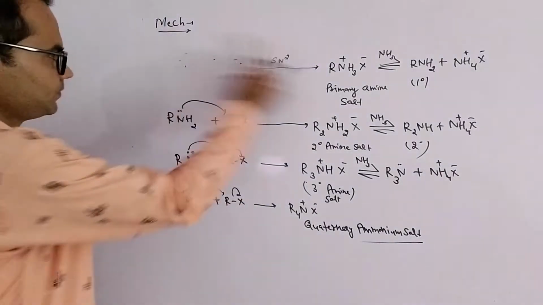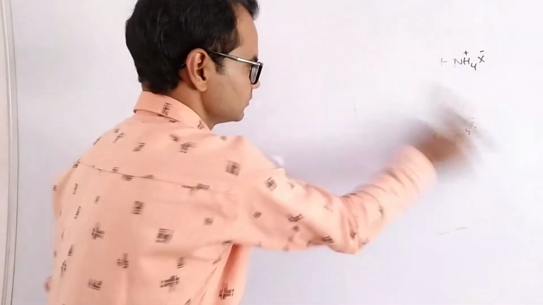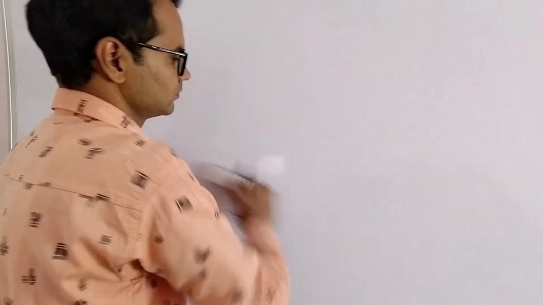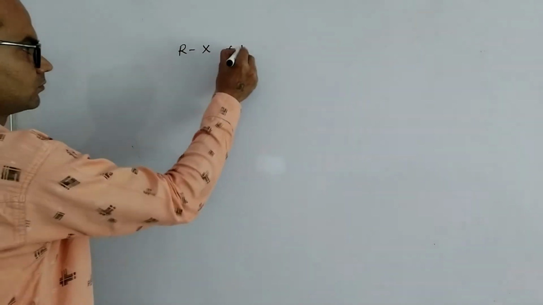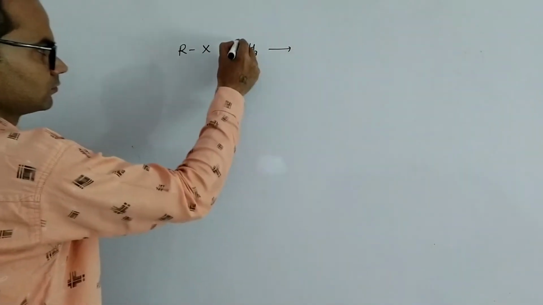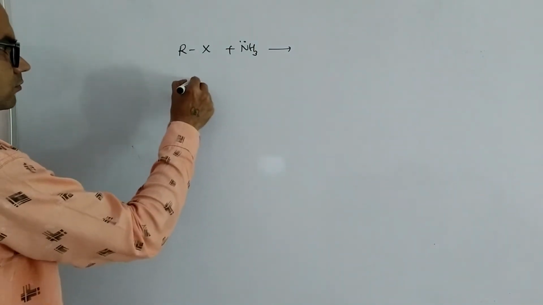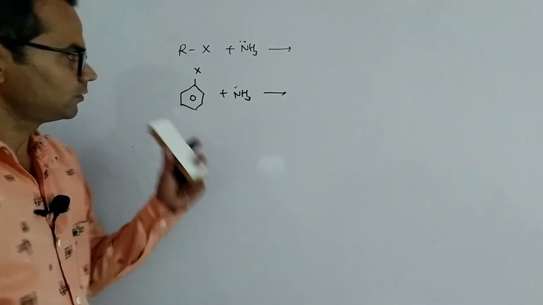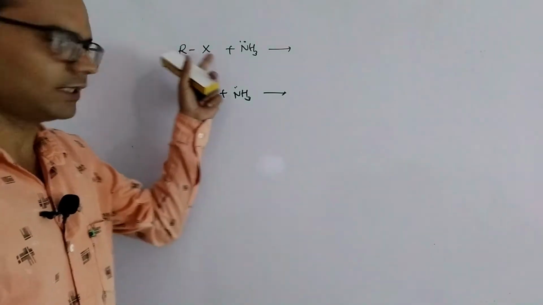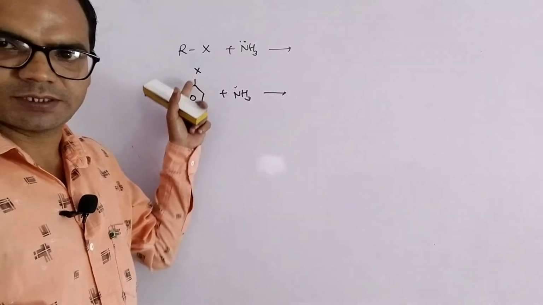Why? As compared to alkyl halide, aryl halides are less reactive due to resonance, where there is a partial double bond character.